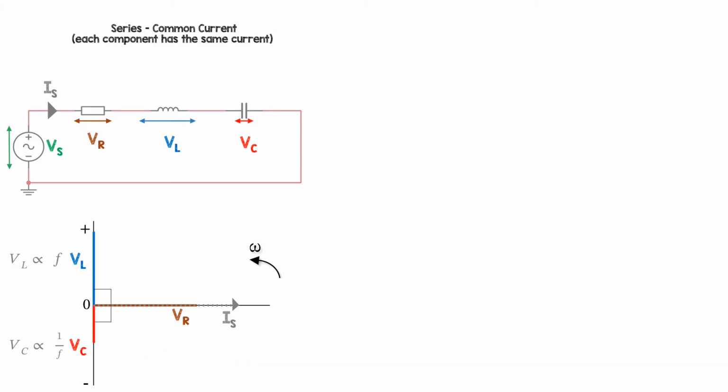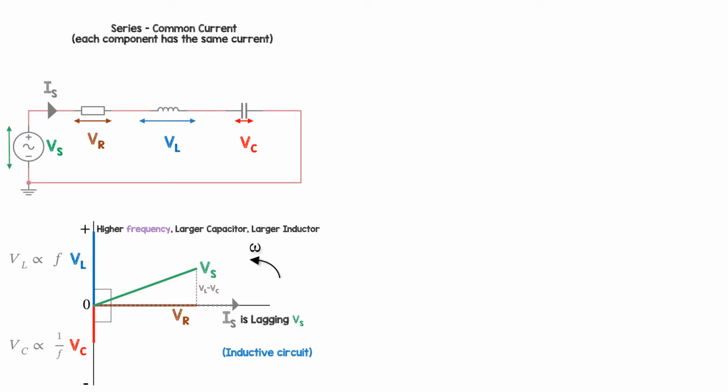If we have a larger inductor voltage, this means we must be at a higher frequency. We can show the supply voltage and work out the phase angle. So this would be higher frequency or with a larger capacitor or a larger inductor.